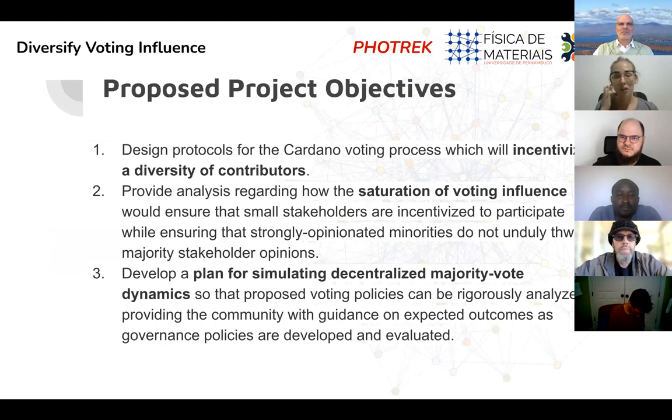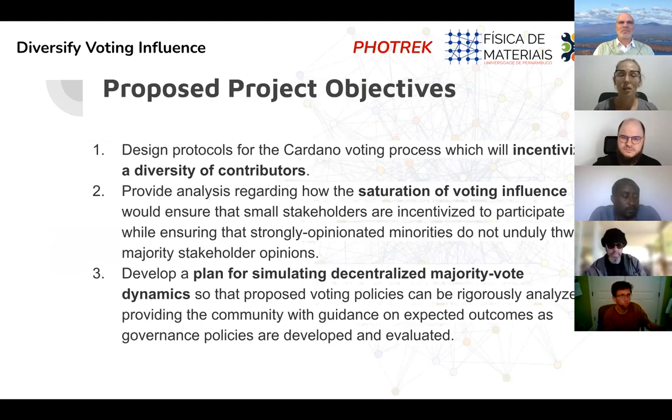Okay, so our original proposed objectives are here. Essentially, for this phase 1, we wanted to actually design some protocols that Cardano could use to incentivize more diversity in the voting process, and then to provide an analysis of why this is even needed. What does this saturation of voting influence mean?